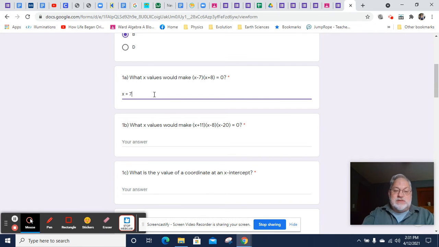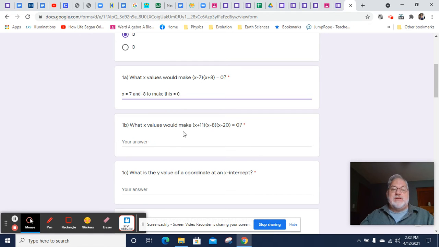So x could equal 7 because 7 minus 7 would be 0. And x could be negative 8 because negative 8 plus 8 would equal 0 as well. So x can be 7 and negative 8 to make this equal 0.